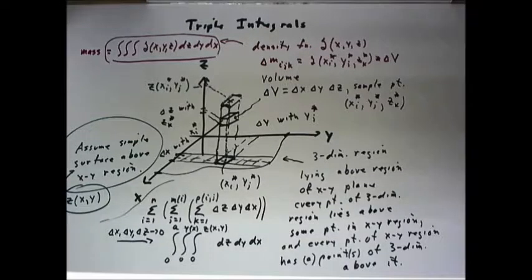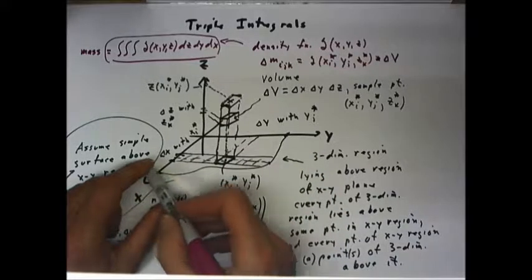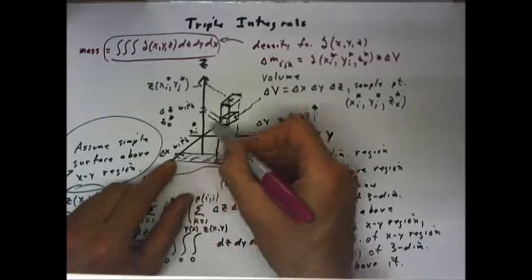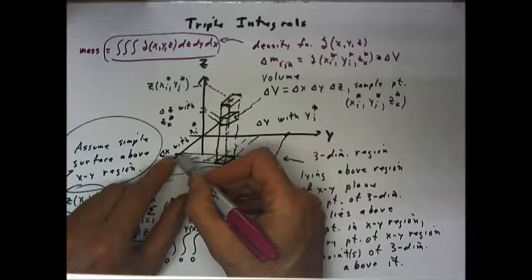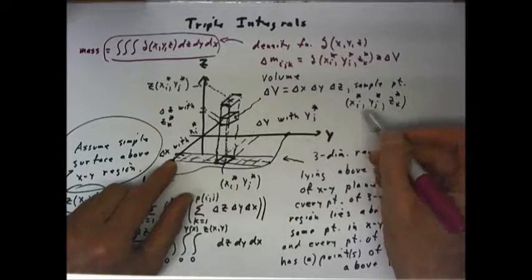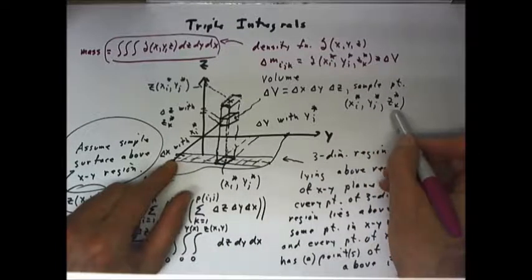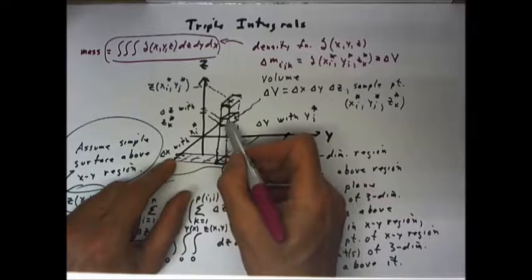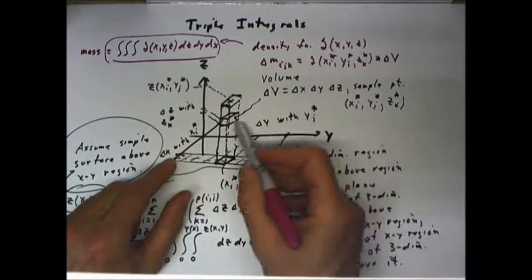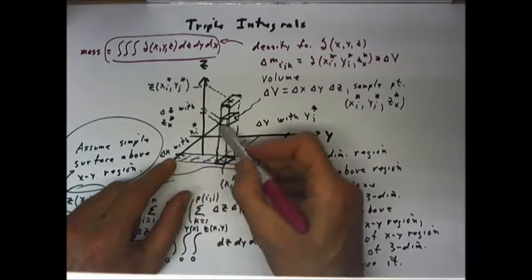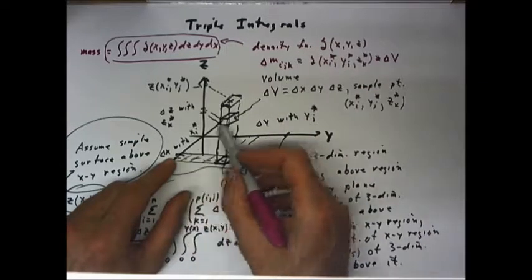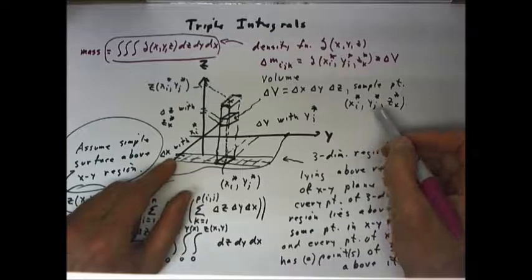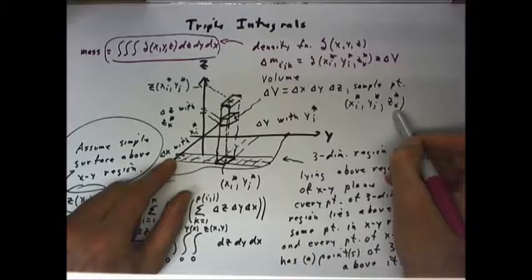If we wanted to find the moment of inertia about the x-axis, well, our r from here to here is just from the x-axis to the point xi star, yj star, zk star. We have to go over yj star, up zk star units, so that our r squared for the m r squared that we would add up to get the moment of inertia about that axis would be yj star squared plus zk star squared.